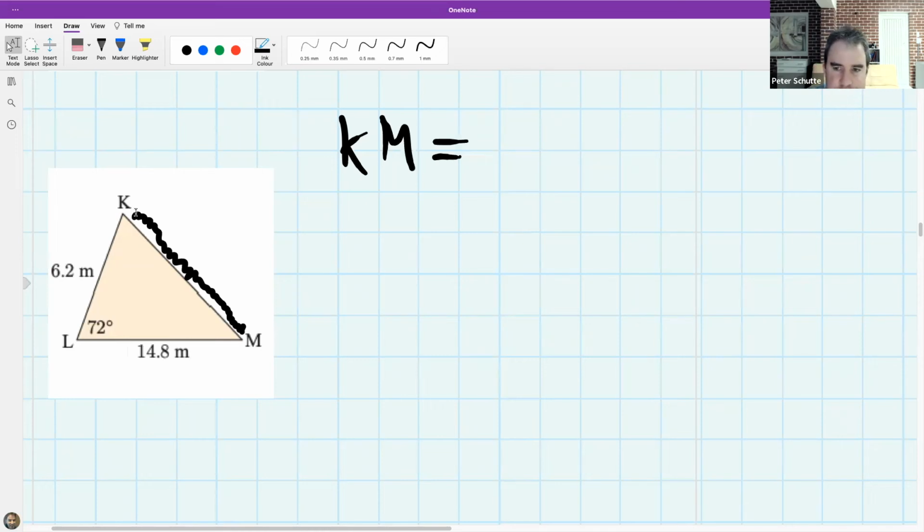What do we get? So this is decimals in, so we have to be a little bit careful.